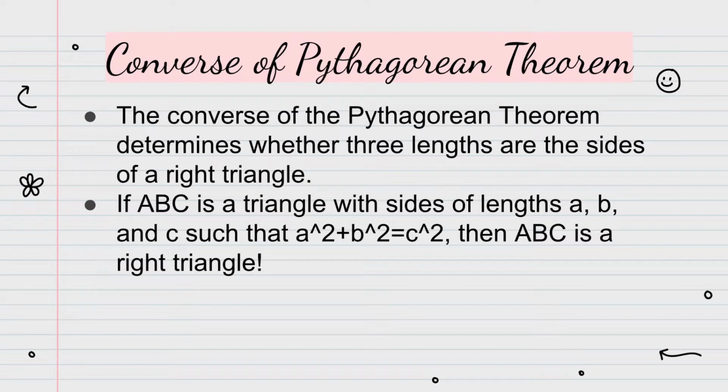Now let's talk about the converse of the Pythagorean theorem. The converse of the Pythagorean theorem determines whether three lengths are the sides of a right triangle. If ABC is a triangle with sides of lengths a, b, and c, such that a squared plus b squared equals c squared, then ABC is a right triangle.